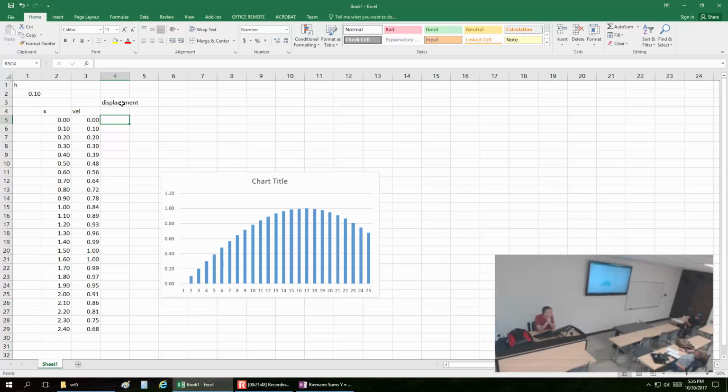What's the displacement? Displacement is always the same: time multiplied by velocity. If you know the velocity and you know the period of time, you multiply, and you know where you are.